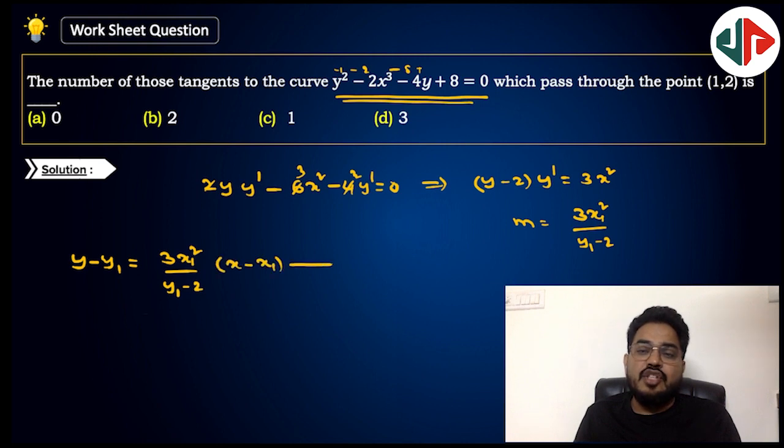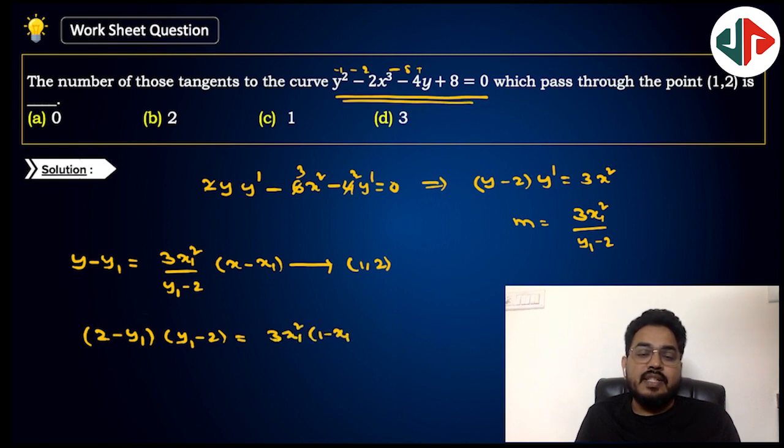This is the tangent passing through (1, 2). So 2 minus y1 into y1 minus 2 is equal to 3x1 square into 1 minus x1. So this is 3x1 square minus 3x1 cube plus y1 square minus 4y1 plus 4 is equal to 0.